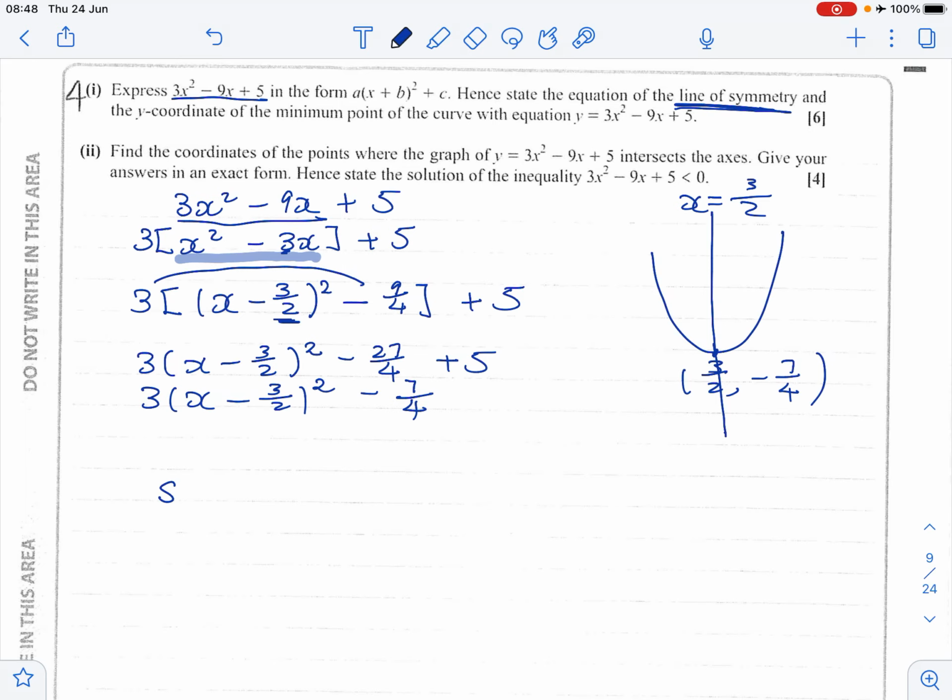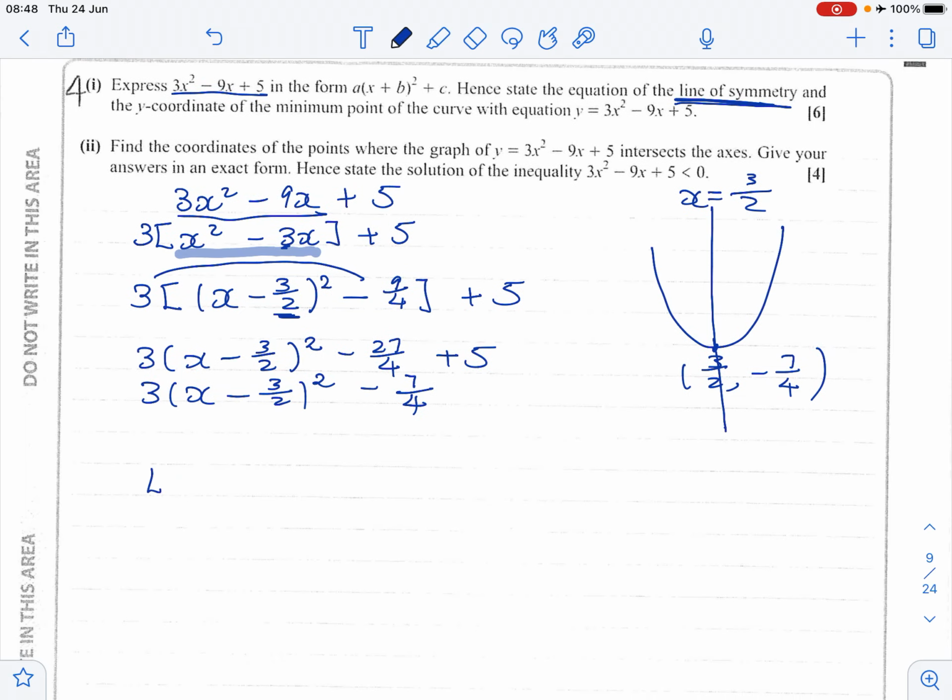Therefore, you must write down here: line of symmetry is x equals 3 over 2. A lot of you have lost a mark because you have just stated the minimum point. By stating this, you won't get the mark.